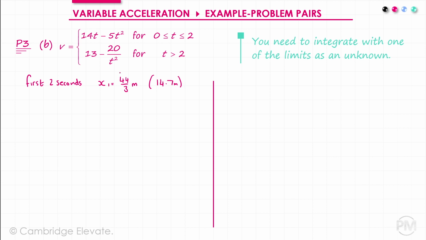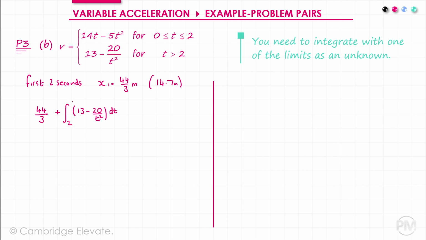But what we can do now that we know this is we can write down an equation that represents the displacement at 35 metres. We can say that first of all, in the first 2 seconds we travel 44 over 3 metres. And then the rest of the displacement is covered by the integral of this second function. And the limits for this will start at t equals 2.